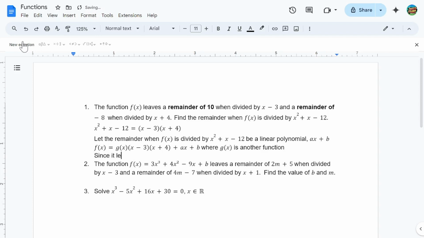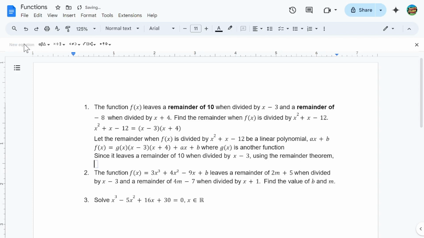So, since it leaves a remainder of 10 when divided by x minus 3, using the remainder theorem, f of 3 equals g of 3 times 3 minus 3 times 3 plus 4, plus a times 3 plus b.